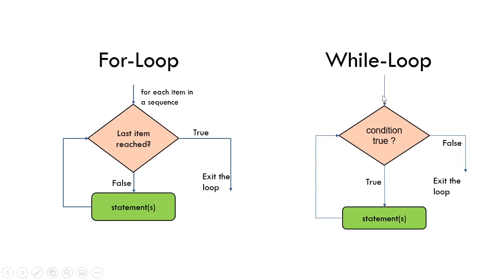So when we enter while loop, it checks whether the condition is true, and if the condition for a while loop is true, it executes the body or the statements within the while loop and goes back into the while loop again. As long as the condition is true, it would keep running the statements. When the condition reaches false, then it exits the while loop.